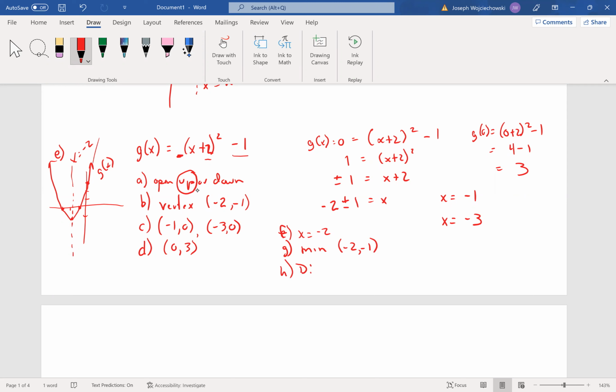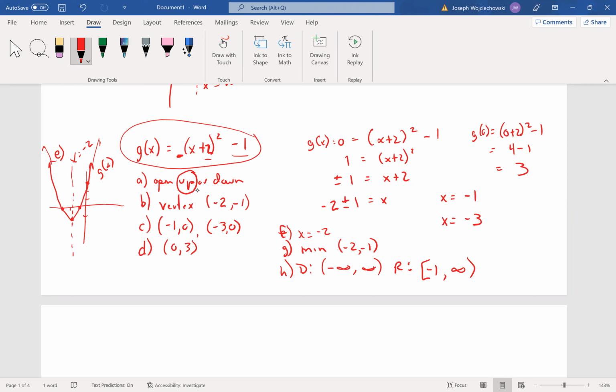This goes on and on forever, and so does this. So the domain is negative infinity to infinity. The range, well, my low point here, my minimum is negative 1, and it is included. And then it goes all the way up to infinity. And there we go. All this we can pretty much tell just from the equation when it's in this form.